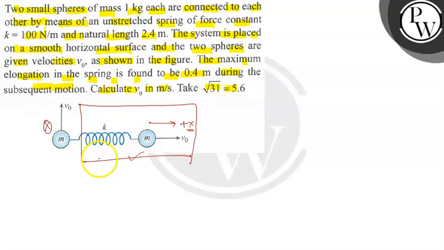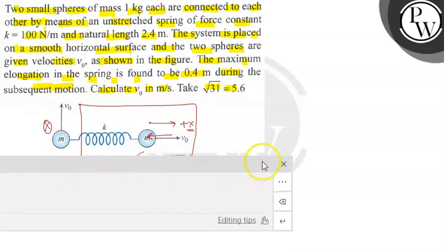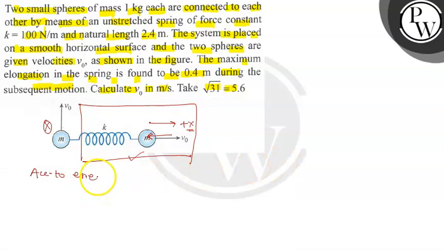And after some time the spring will be getting stretched, and then it will return to its original position. According to energy conservation, if we have stretched it this way, then we will have half m v naught square, with the speed of v naught.